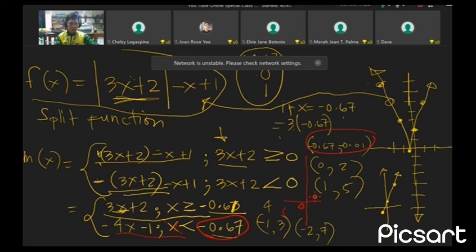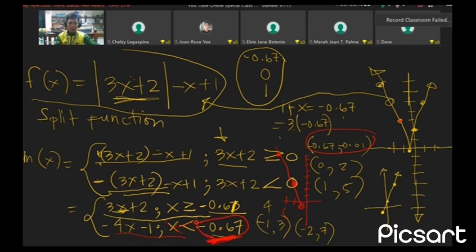But it is connected to negative 1 and positive 3, and to negative 2 and positive 7. These two dots are shaded while the starting point is a hole, because it cannot be equal to negative 0.67.